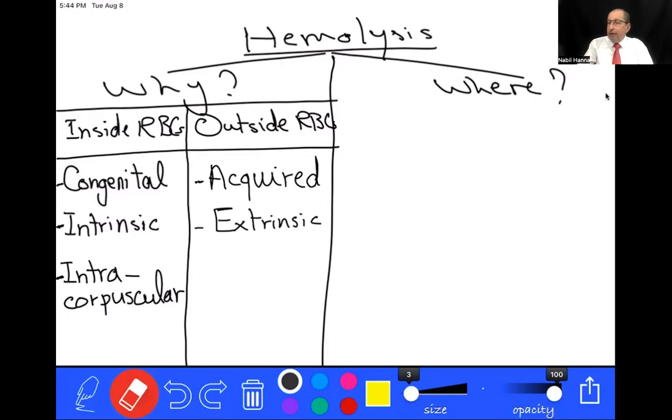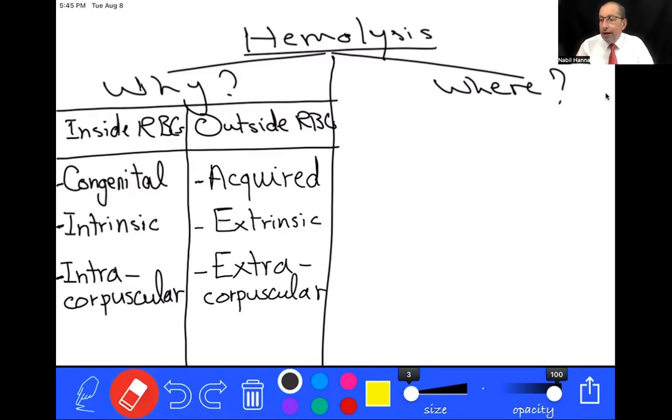And because red blood cells are also called red blood corpuscles, we call this extracorpuscular causes. So this is the answer to the first question. Why might red blood cells hemolyze?